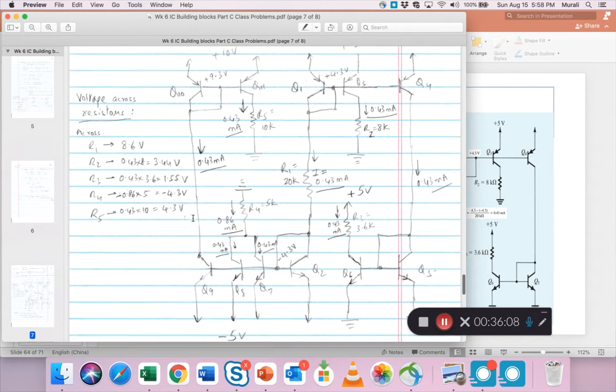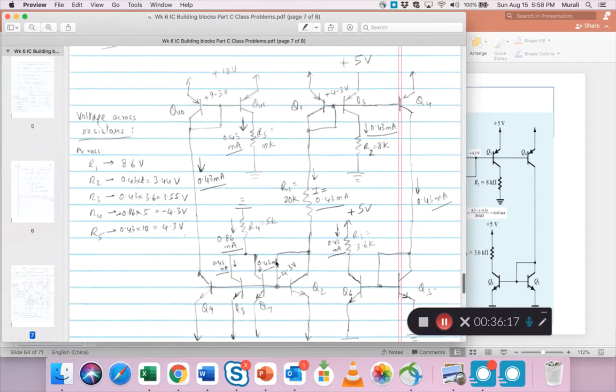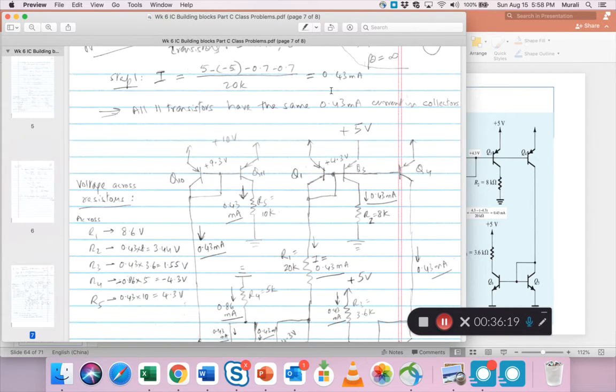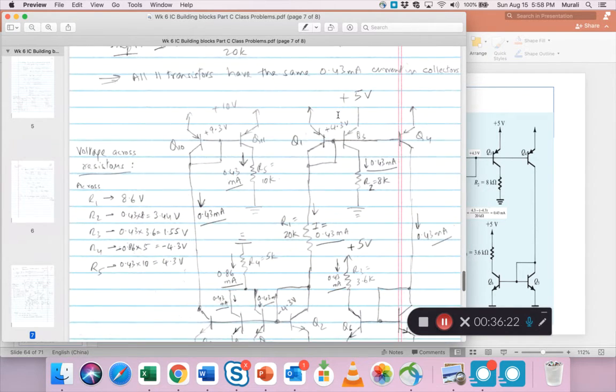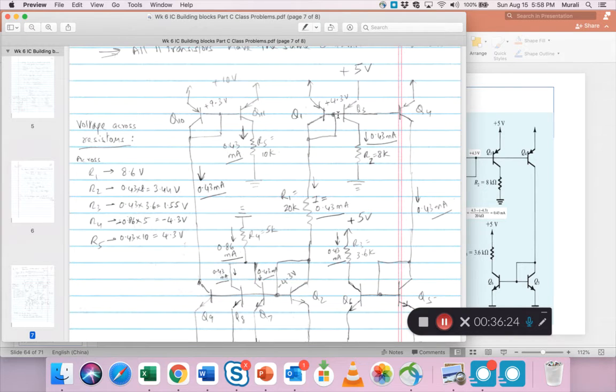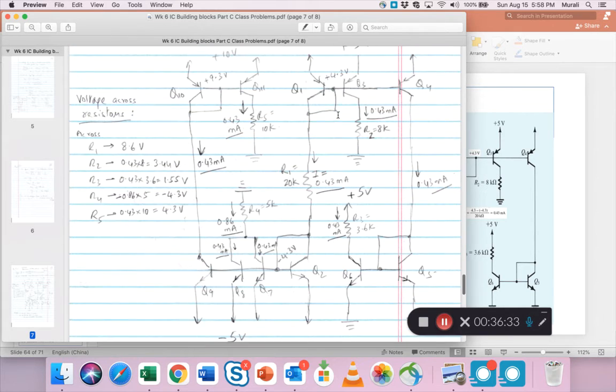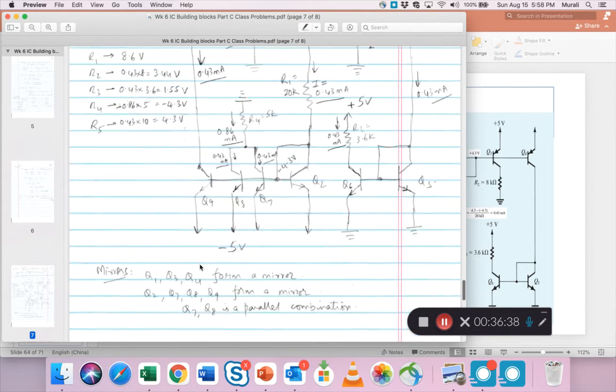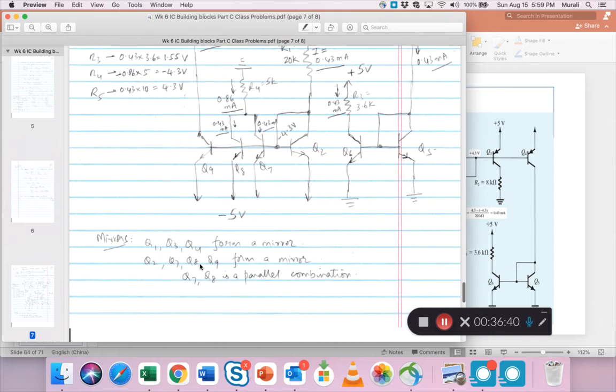Otherwise, in the collector arm of each one of these transistors, the current is the same, and that's 0.43 milliamps, okay? Because they are all generated from the same reference and the transistors are all matched. So you can go ahead and blindly put 0.43 in every branch. Once you do that, then it becomes easy.